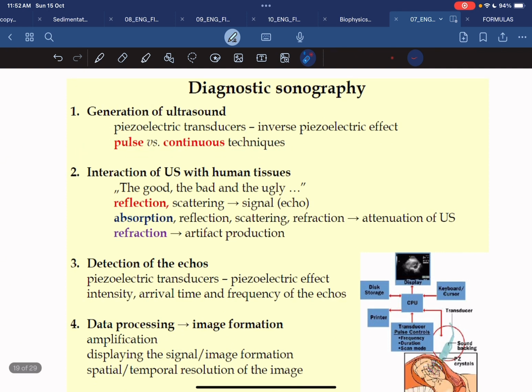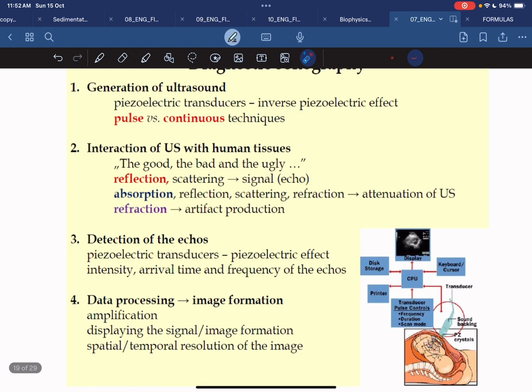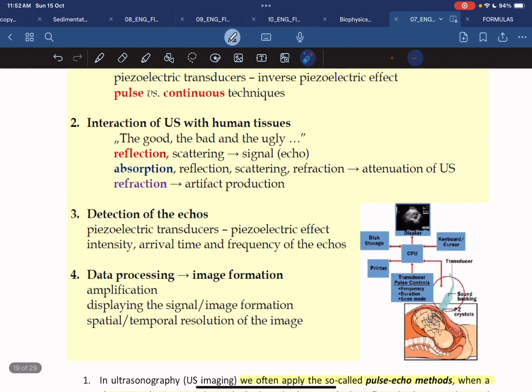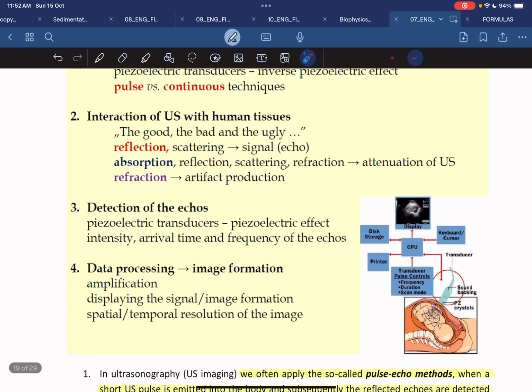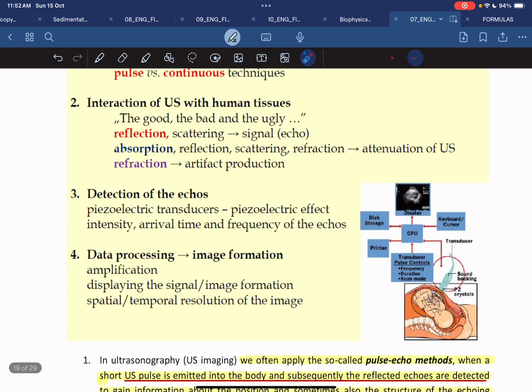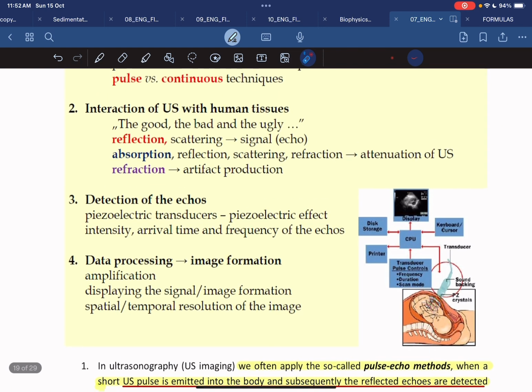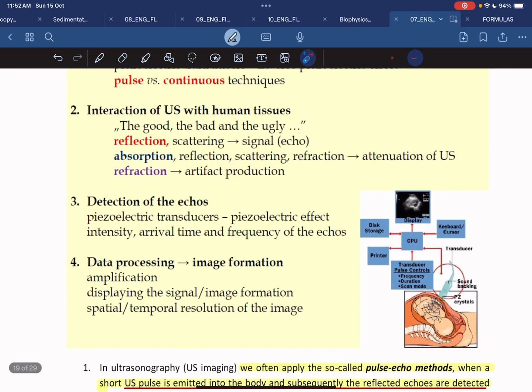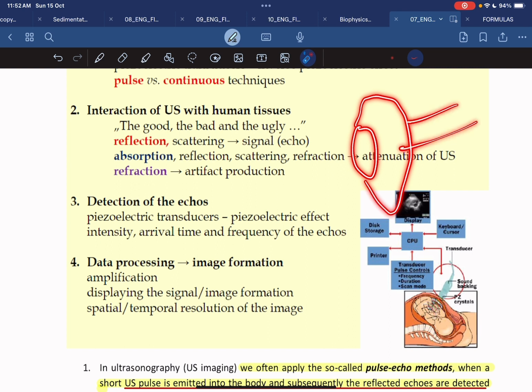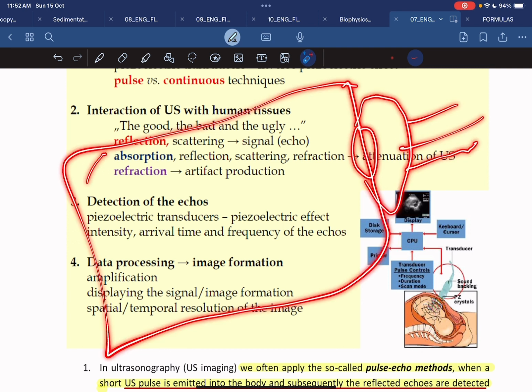Now, the continuous technique is not used in medical procedures, mostly. But there is one place where continuous techniques are used, and this is a very weird way that I'm going to say it. Have you ever seen gold being cleaned, or rust coming out of iron? There's a special way that professional cleaners use ultrasound to clean this. They put a transducer with super high frequency ultrasound underwater.